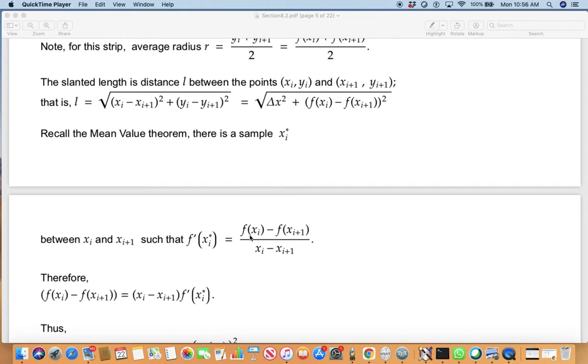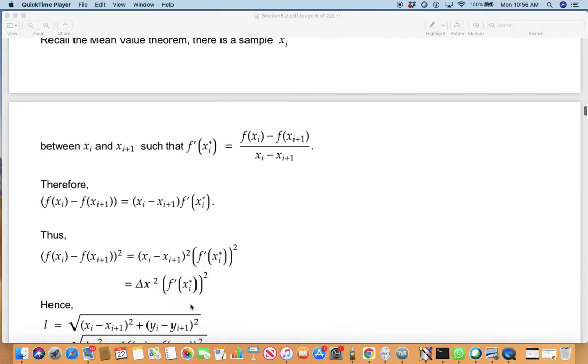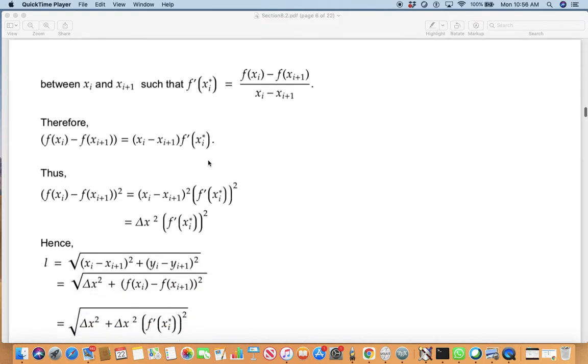What does that mean? f(xi) minus f(xi+1) equals (xi minus xi+1) times f prime of xi star. Squaring it would be squaring this and squaring this. But this is what we call delta x. So (xi minus xi+1) squared is delta x squared, and you have f prime of xi star squared. This, recall, we obtained by using the mean value theorem.